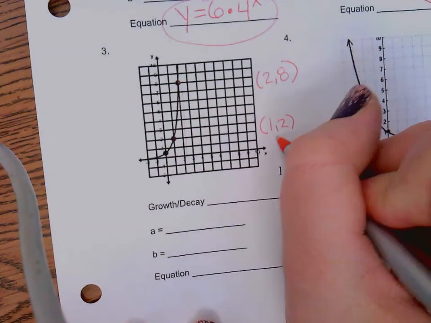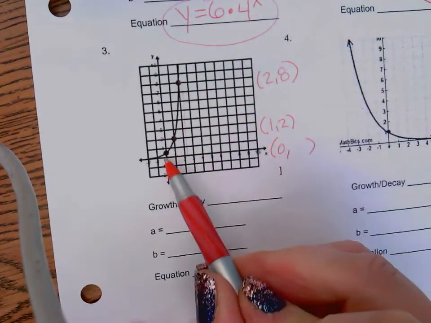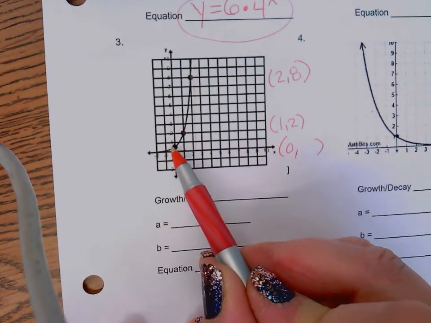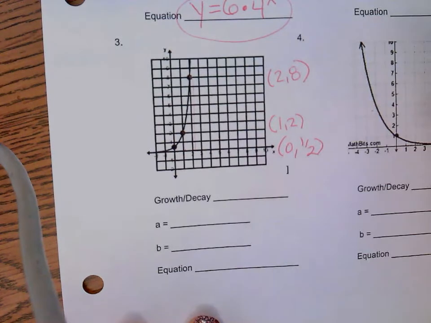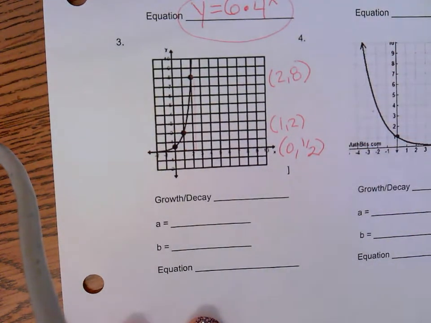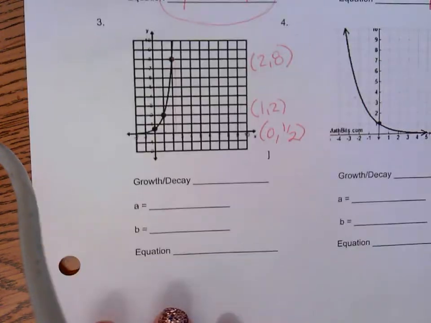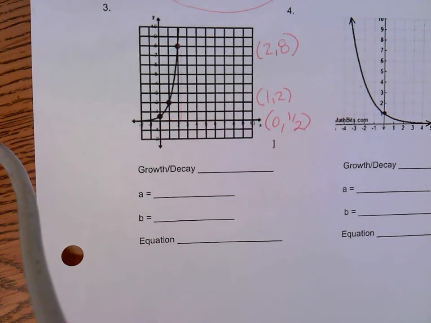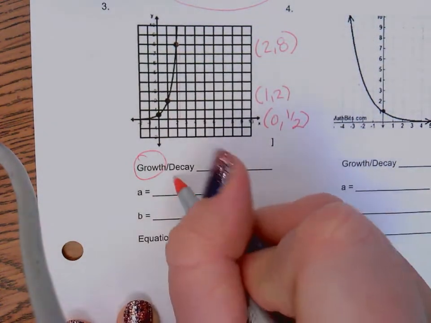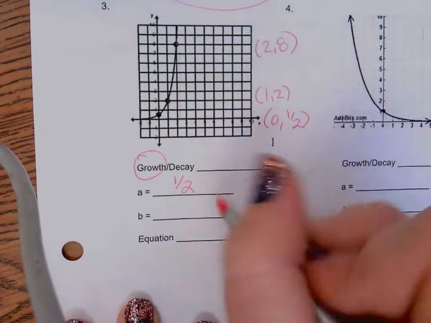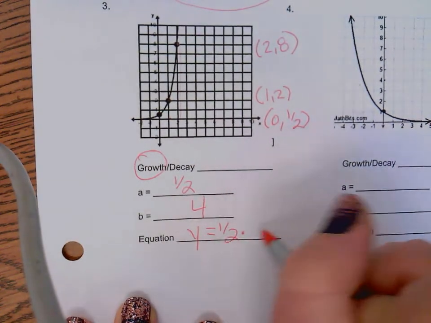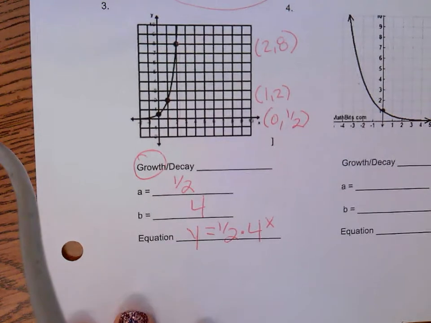So what does the y-intercept have to be? See how I have to estimate the y-intercept? The y-intercept is actually exactly 1/2, because 1/2 times 4 and then 2 times 4, it has to fit the exponential pattern. Is this a growth or decay function? Growth. We already said the y-intercept is 1/2 and it's growing at a rate of 4. So y equals 1/2 times 4 to the x.